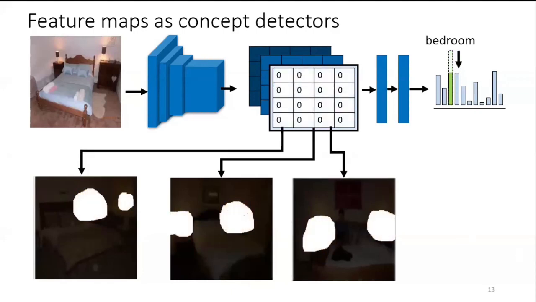Suppose we set the activation values to 0, that is, we disable these activations. Then essentially we are ablating the lamps and then making a forward pass. And if the lamps are relevant to recognizing a scene as that of a bedroom, then we'll see that there is a drop in the probability score.